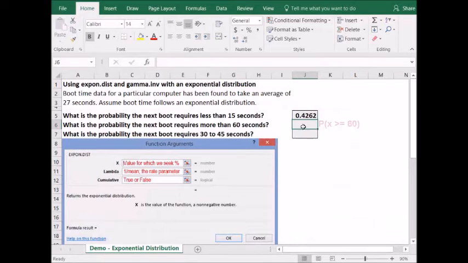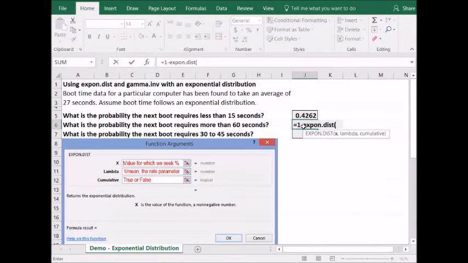The next question asks, what's the probability the next boot requires more than 60 seconds? If we enter 60 for our x, we're going to find the probability up to 60 seconds. That is the probability of requiring less than 60 seconds. And so in order to get the probability of greater than 60 seconds, we'll do equals 1 minus expon.dist.